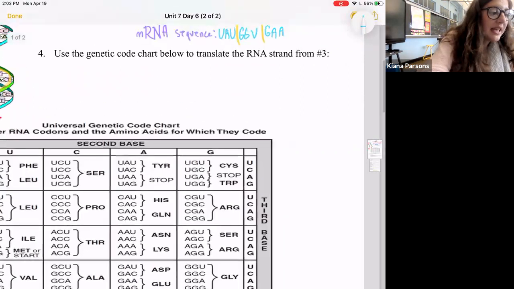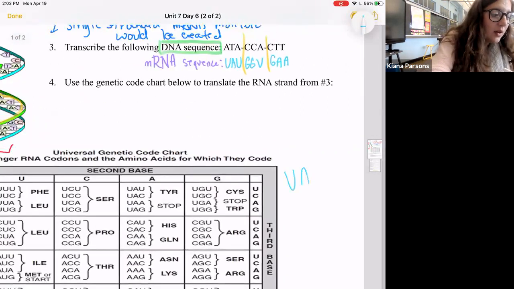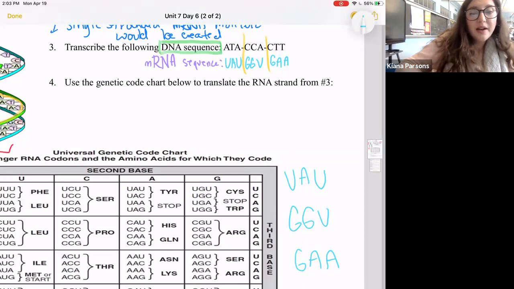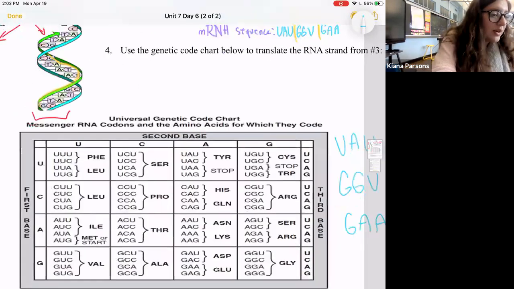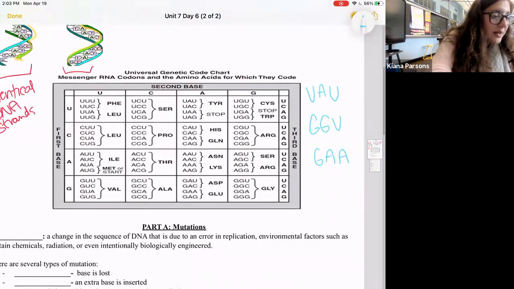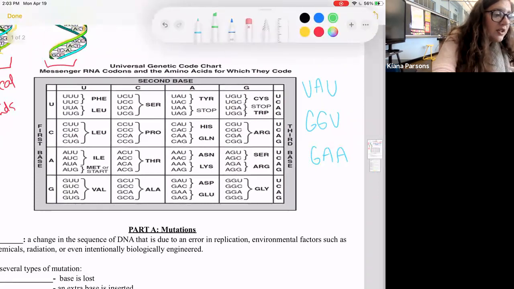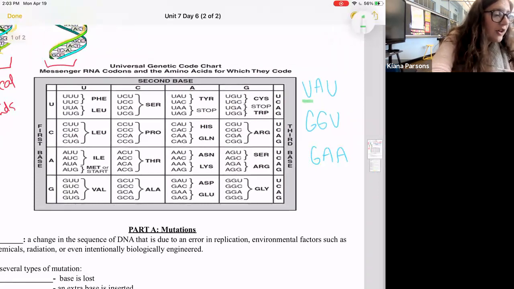So we're going to take UAU, GGU, and GAA and translate them into their amino acid sequences. So let's go ahead and read this chart together like we did in class. So we're going to start with the first mRNA codon.